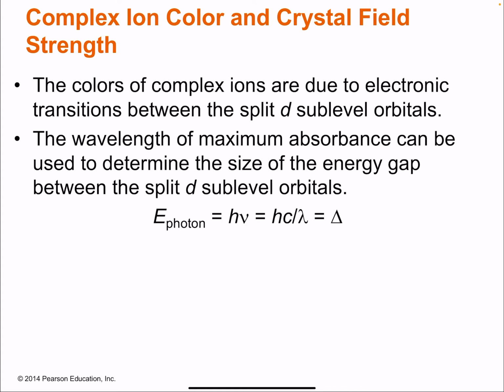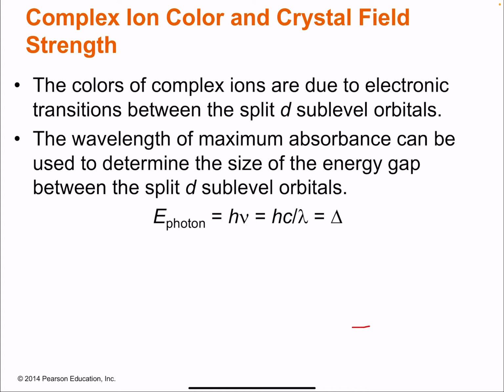Something that we will talk about is the color. I think I talked about it last time, but I'm going to review it for you again. The color of the complex ion is due to electronic transition between the split d sublevels.